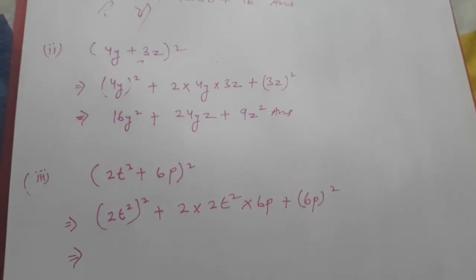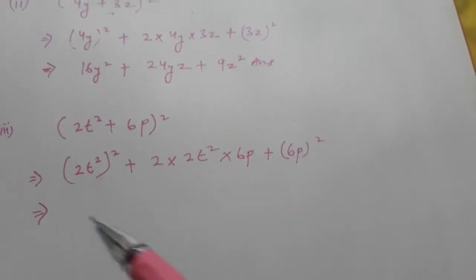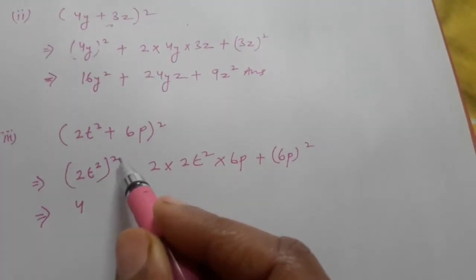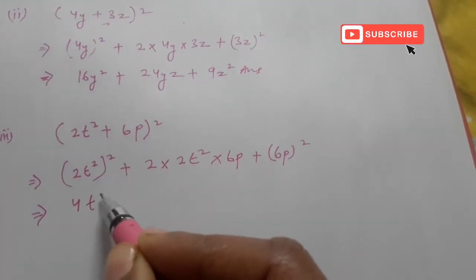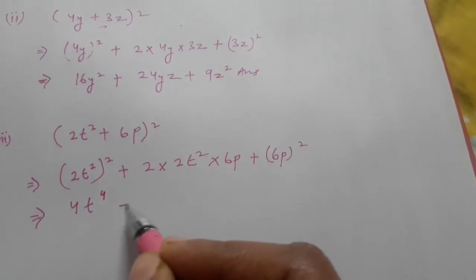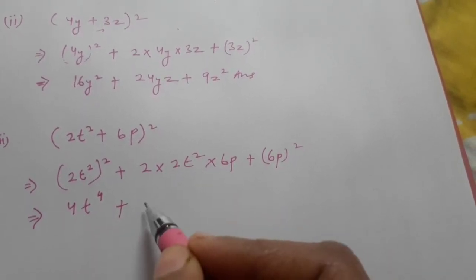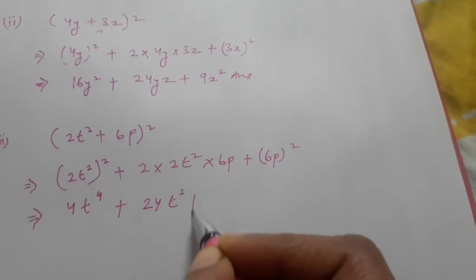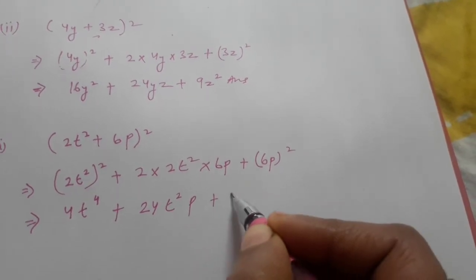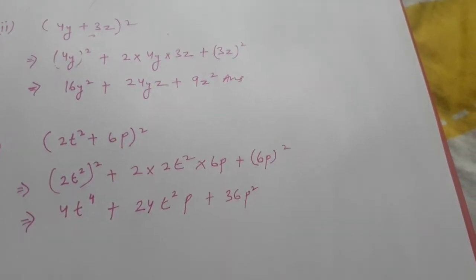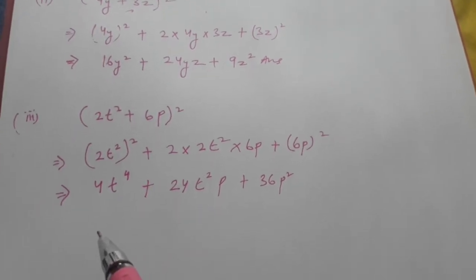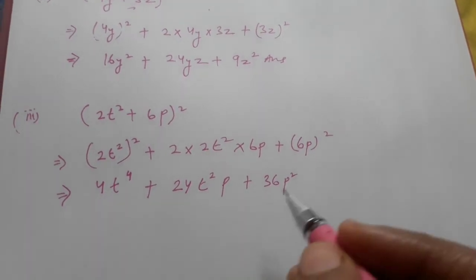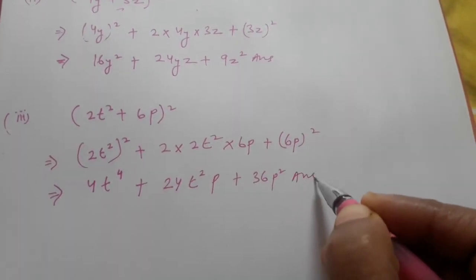Further, 2t square whole square would become 4, 2 2s are 4, t square square would become t raised to the power 4, plus 2 2s are 4, 4 6s are 24, t square p, plus 6 6s are 36 p square. So the answer for the third part of question number 3 is 4t raised to the power 4 plus 24 t square p plus 36 p square, which is our answer.